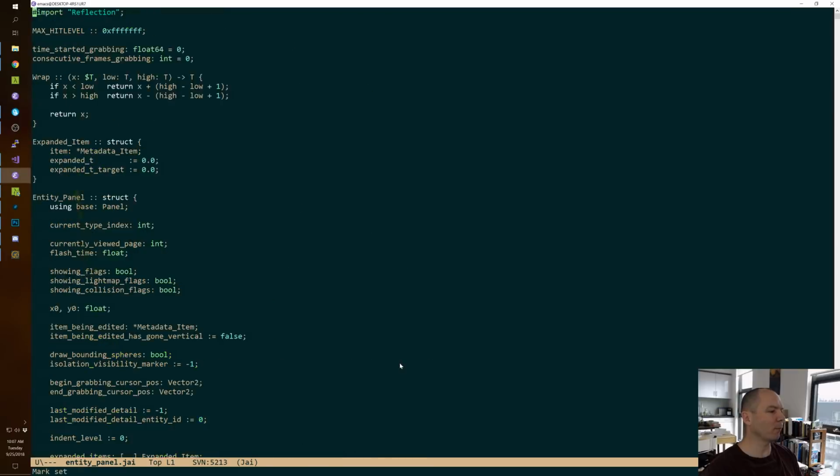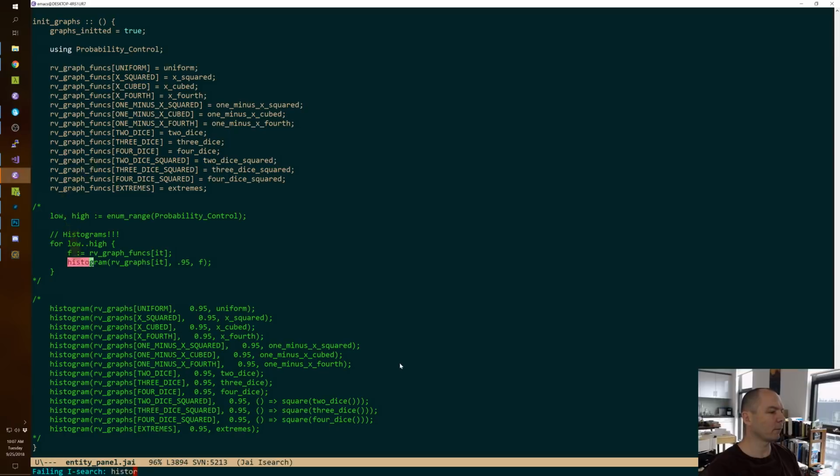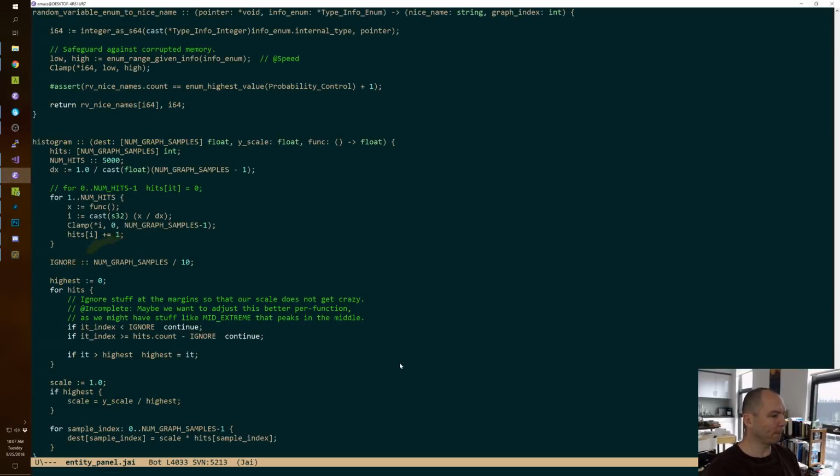When we histogram, when we divide, we probably want to add 0.5 to round to nearest. Is that right? No, because they're integer buckets. I don't know. I need to think about this. Anyway.